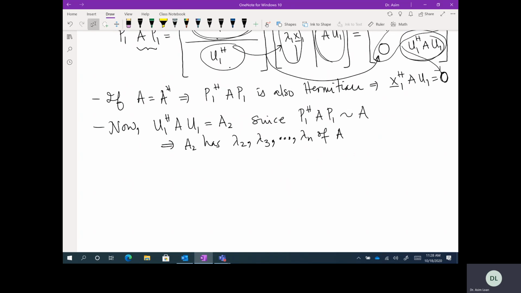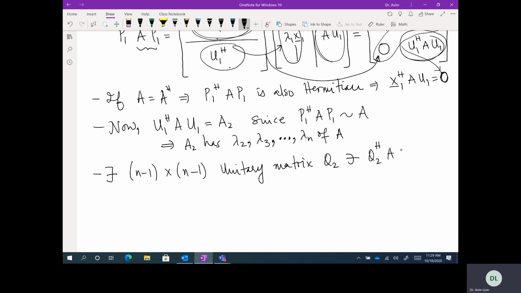Okay. So then there exists an n minus 1 by n minus 1 unitary matrix Q2 such that Q2H times A into Q2 equals lambda 2, x2, 0 and A3.